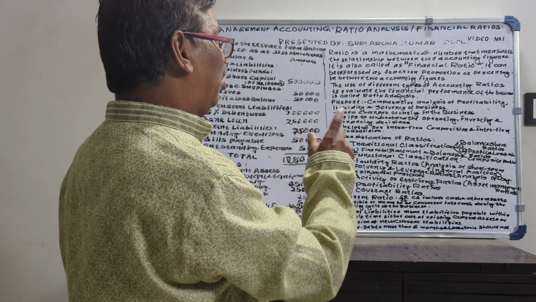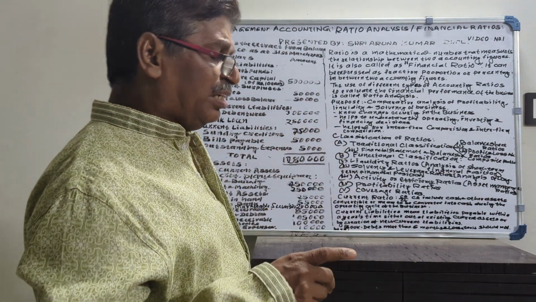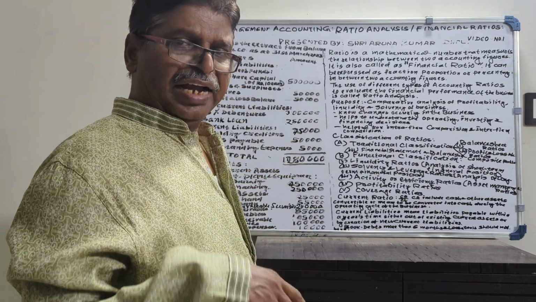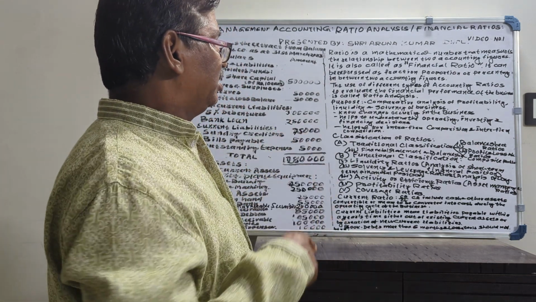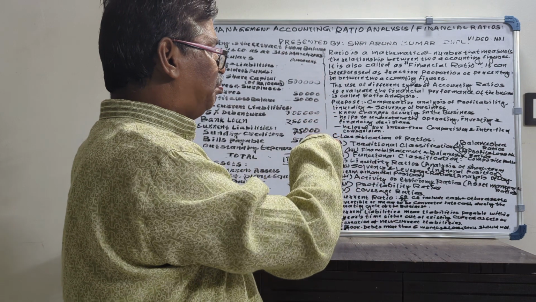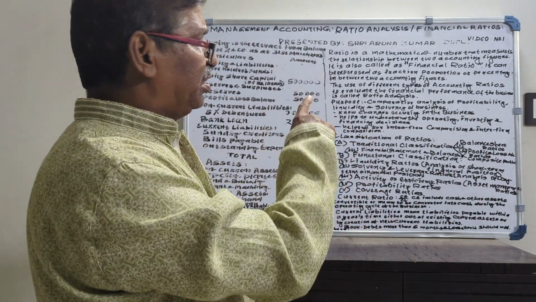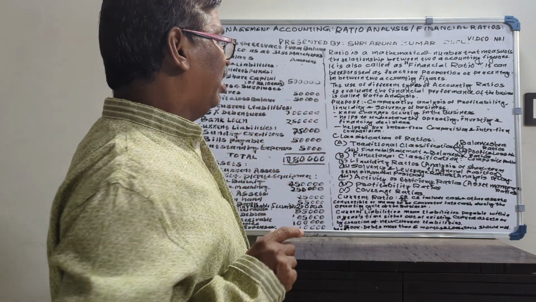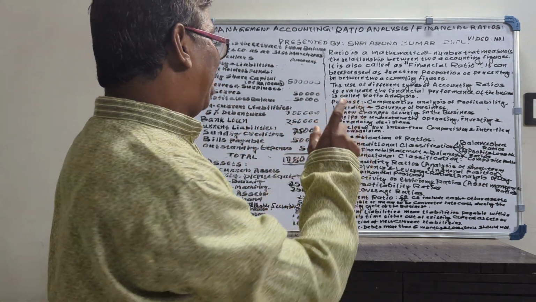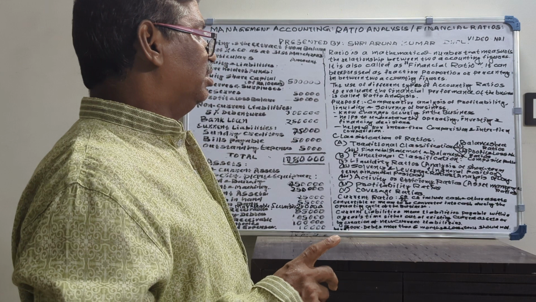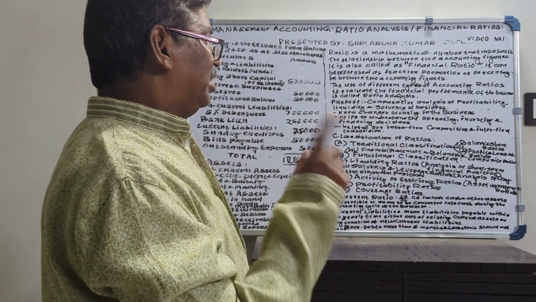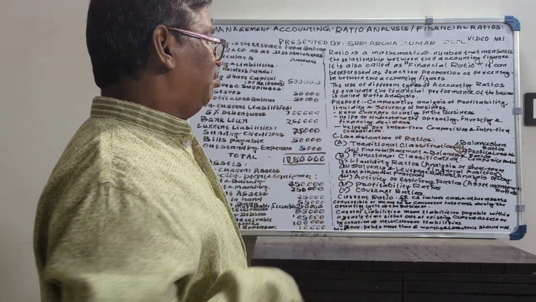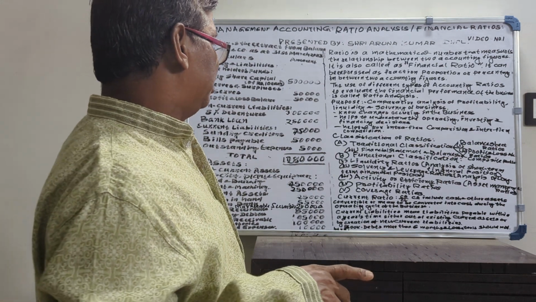So it is helpful for intra-firm comparison, means inside the business there is comparison. We will compare the previous year data with current year data inside our organization. Inter-firm comparison means among businesses of a similar type of trade.